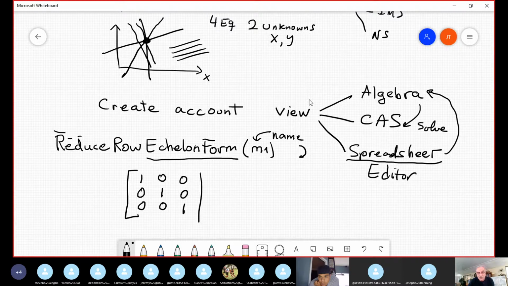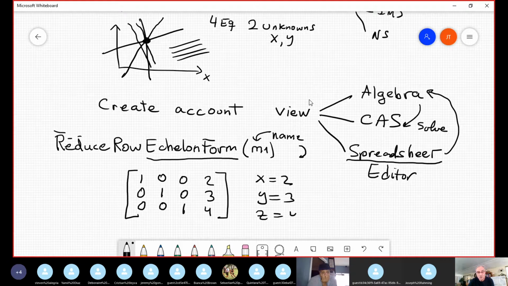On the right-hand side, by the way, the software doesn't write this line. You have numbers, suppose 2, 3, 4. So you can infer the solution is x equal 2, y equal 3, and z equal 4. Okay? Any question?